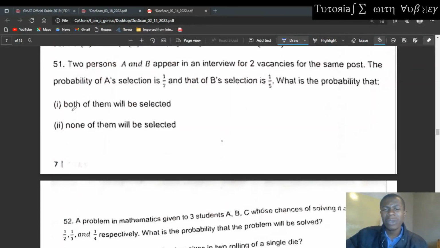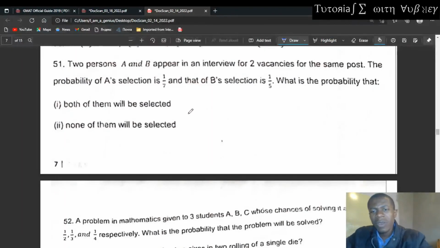So it is a similar procedure to the previous one. Here we are finding probability of A union B, right?